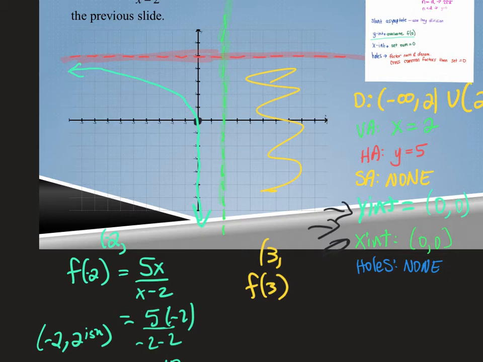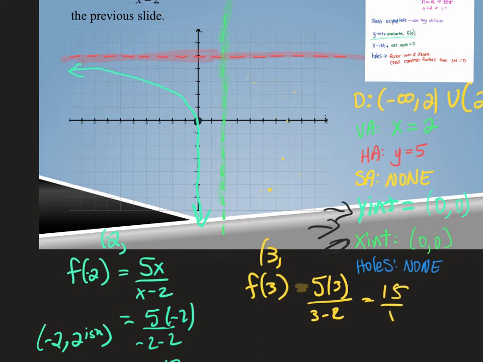So when I plug in 3 into my function, sorry, I didn't mean to make that squiggly line so big. When I plug in 3, I have 5 times 3 over 3 minus 2.